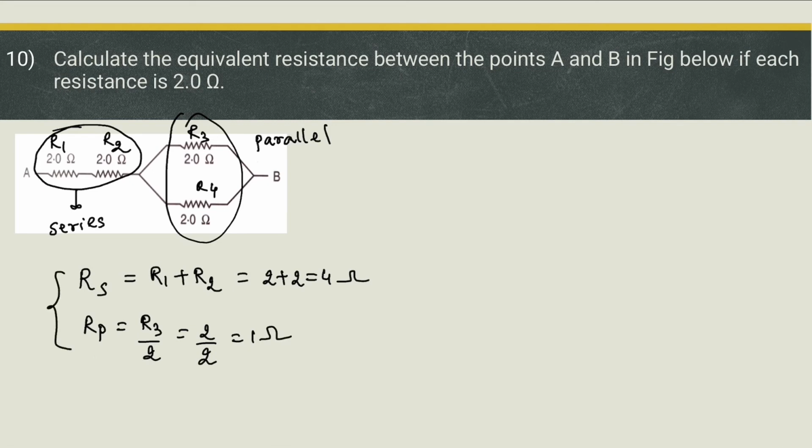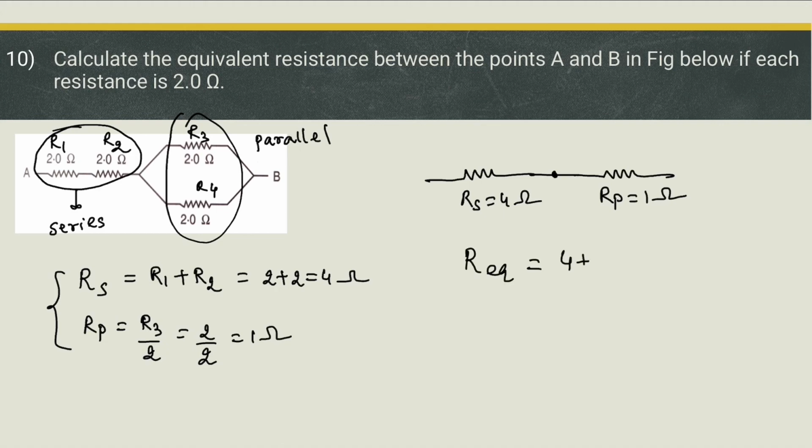Now these two, Rs and Rp, how are they connected? Rs 4 ohm and Rp 1 ohm, they are connected in series with each other. So to find out the final equivalent resistance, we must apply the series connection formula, 4 plus 1, 5 ohm.